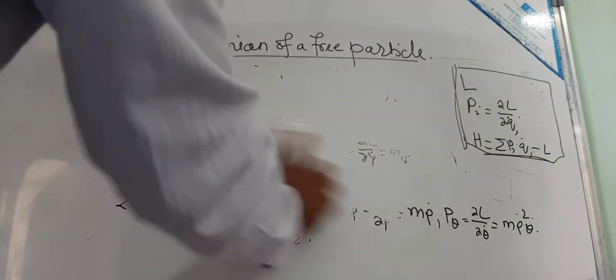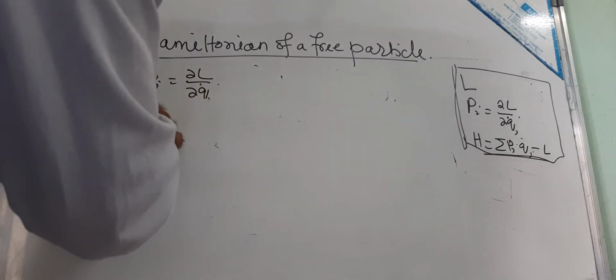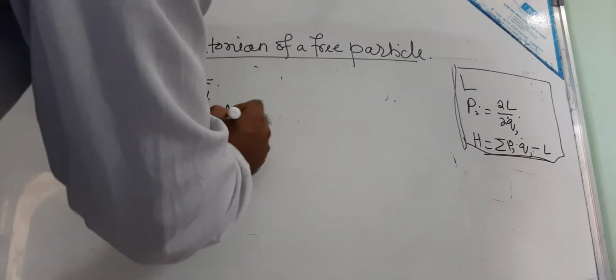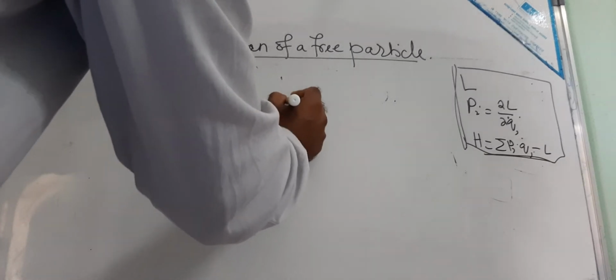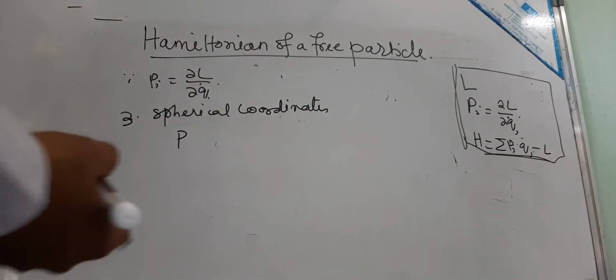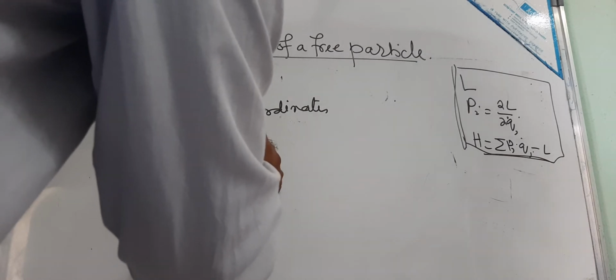Now the spherical, number 3, in spherical coordinates r, theta and phi. First, Pr equals del L by del r dot, which is m r dot.